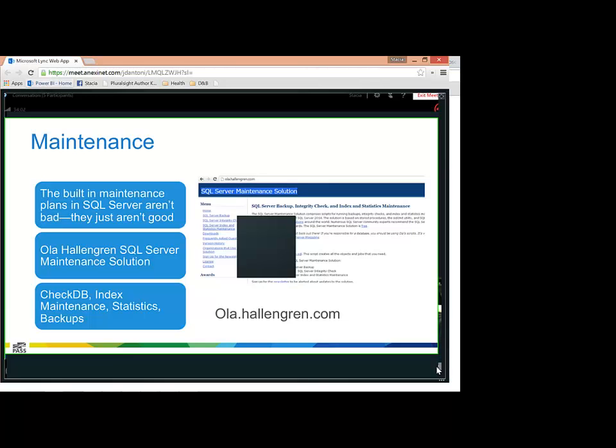He's built this maintenance solution that's available at ola.hallengren.com. What Ola's plans do is backups, and database integrity checks, which are just as important as doing your backups. If you're not doing database integrity checks, that's a good way to lose your job as a DBA, because you could be backing up corrupted databases.